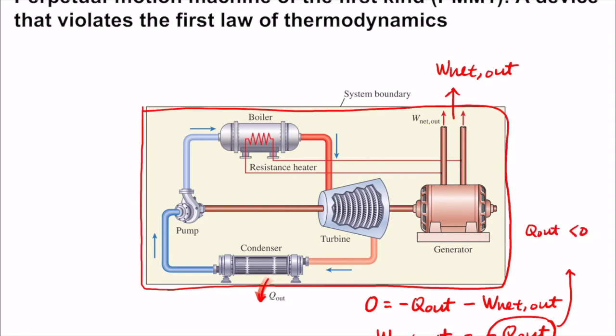But obviously in that case, Q out cannot be negative, because Q out, the amount of heat transferred out from the condenser, should always be a certain positive value. So it does not make sense. In other words, this type of device, the perpetual motion machine, does not follow the first law of thermodynamics. That is why this type of PMM1 device is not realizable in reality.